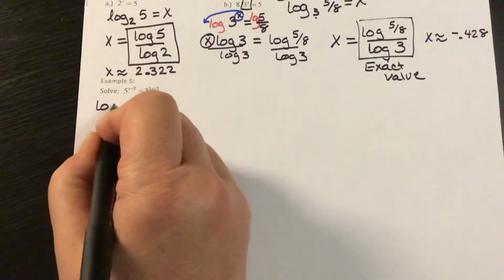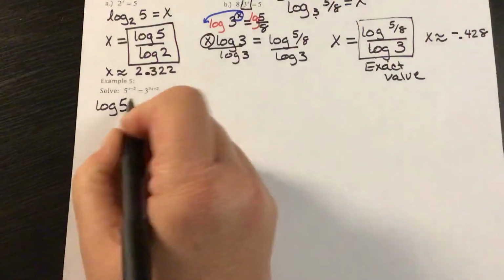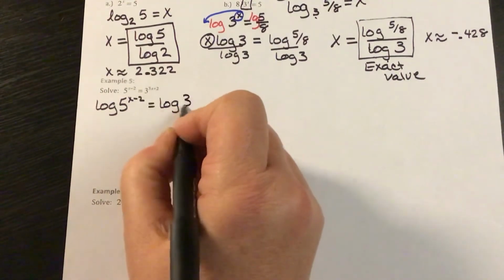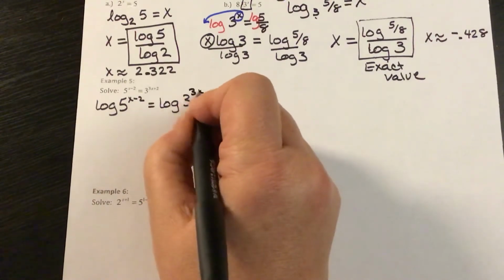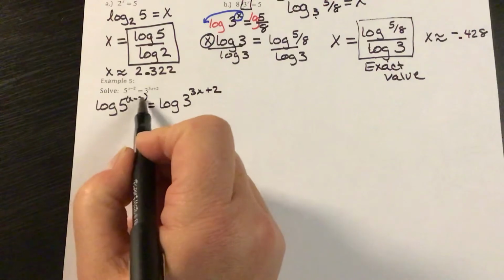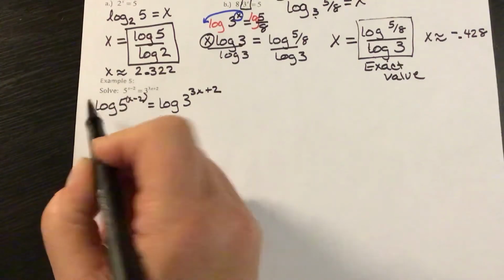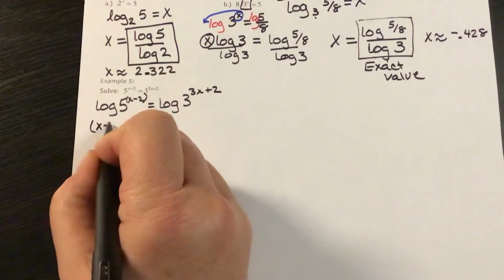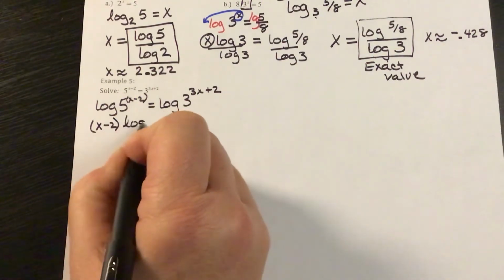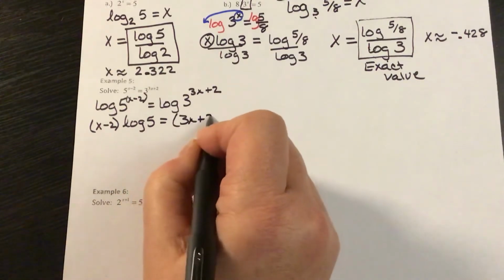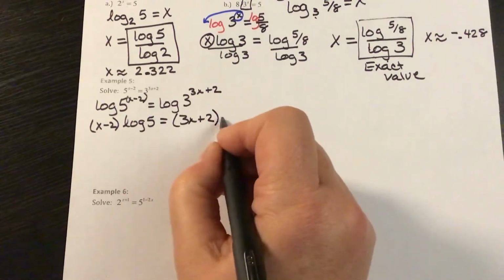So I'm going to do log of 5^(x-2) equals log of 3^(3x+2). So now I'm going to take this exponent and multiply it to the beginning. So I have (x minus 2) times log 5, and that equals (3x plus 2) times log 3.